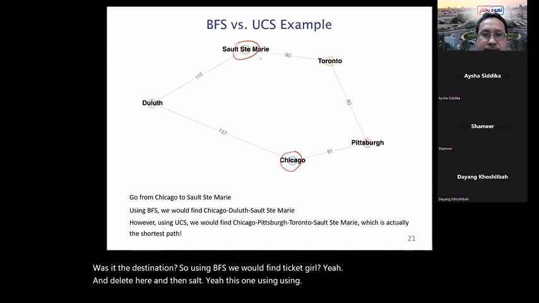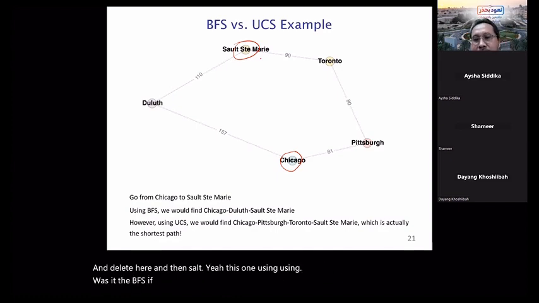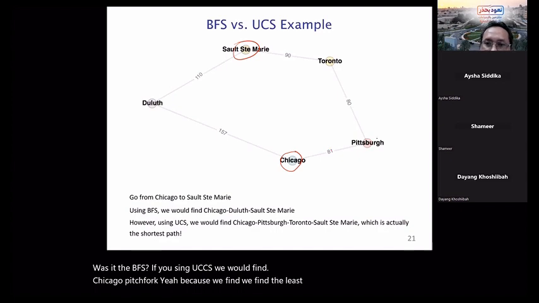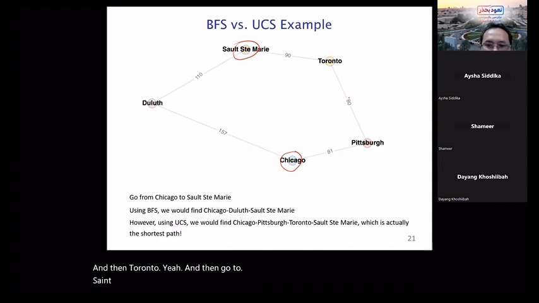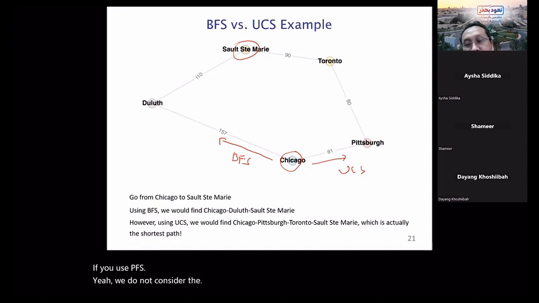If using UCS, we would find Chicago, Pittsburgh, because we find the least cost, right? So Pittsburgh, and then Toronto, and then go to St. Mary here. If you use BFS, we do not consider the least cost, or the cost.